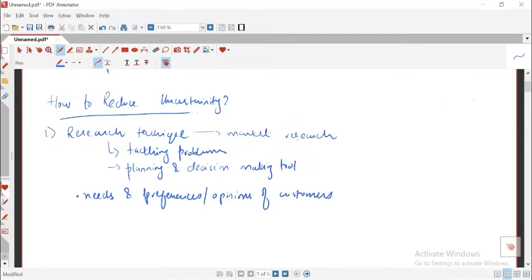When a business is taking any decision, the most important for them are their customers. So when you do market research, you get to know the preferences of your customers, what they want, what they think about your decision, what their opinions are and what they suggest you to do as an alternative.